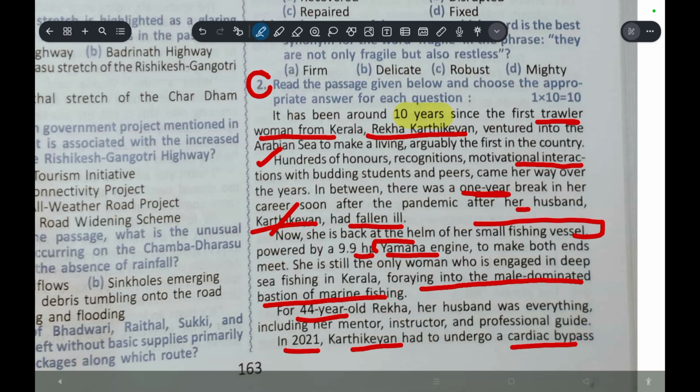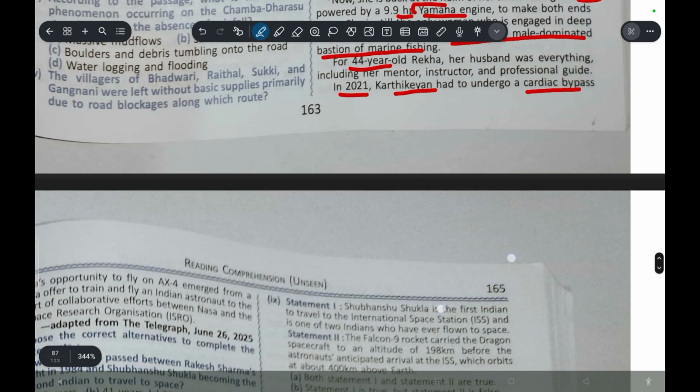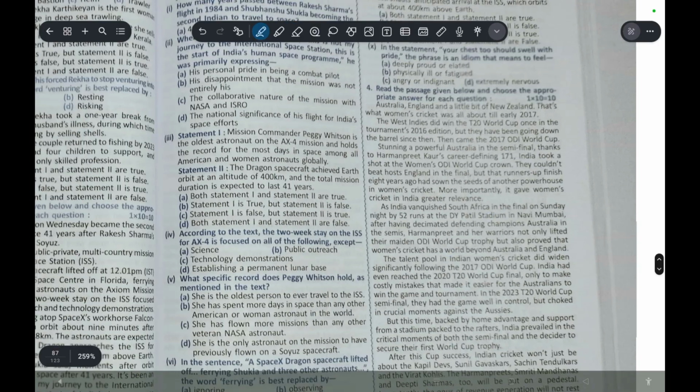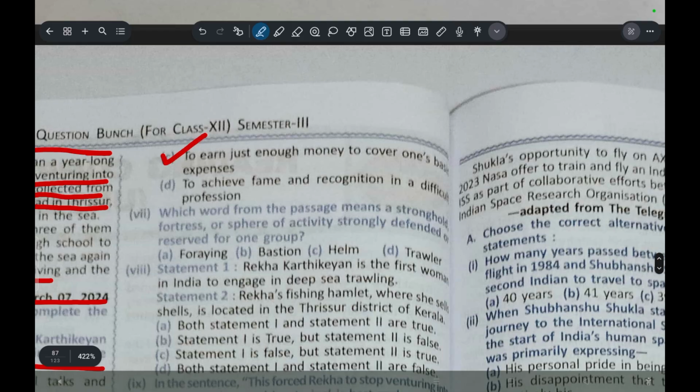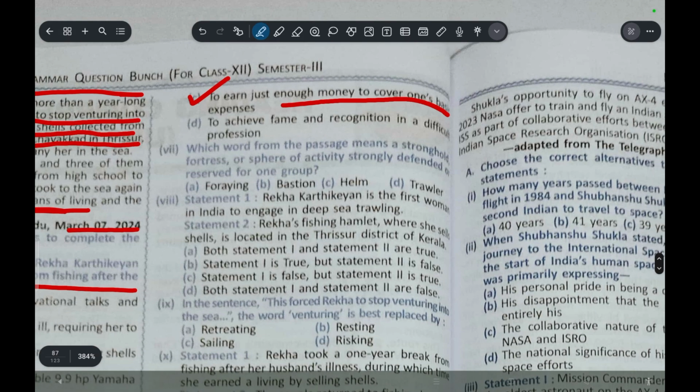She is still the only woman, so that means the answer will be nothing but to earn just enough money to cover one's basic expenses. Okay, if you don't know the exact meaning, just try to find the word or the phrase in the passage and understand the meaning of the line, and then answer properly and tick the correct option, and surely it will be the right answer.